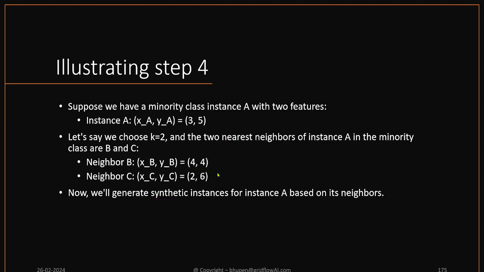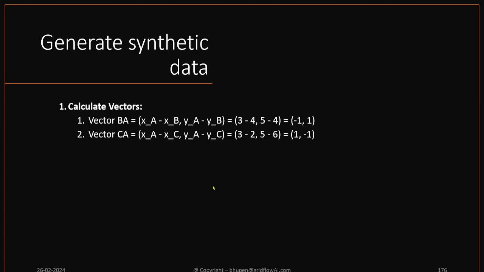Let's take it forward. So now the step is to generate the synthetic data. What we do is compute the vector BA. A was our minority instance here, and B was the neighbor. Similarly, A is the minority instance and C was our neighbor. So now we pick the values and just subtract.